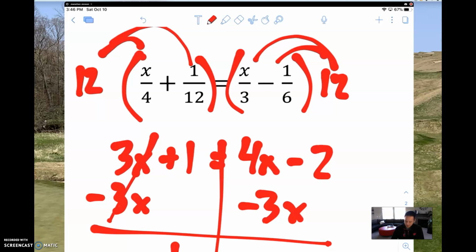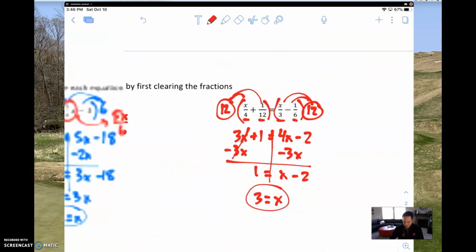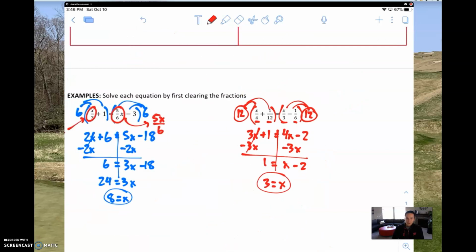So even if you're unsure with this 12 that we found, as long as you find a number that all of these go into easily, it would work. If you use 36, it'll work. If you use 48, it'll work. If you use 96, it'll work. If you use 105, it won't really work super well for you. So just try and find a number that all of them go into evenly, and you're going to be fine. The whole purpose is to wipe out a fraction, and any of those numbers would have done that.